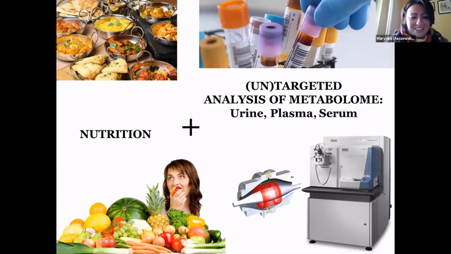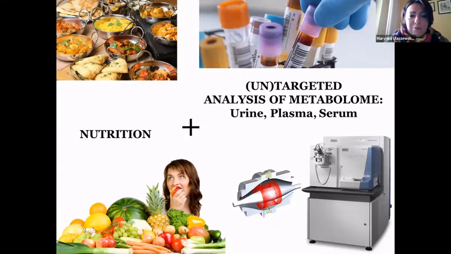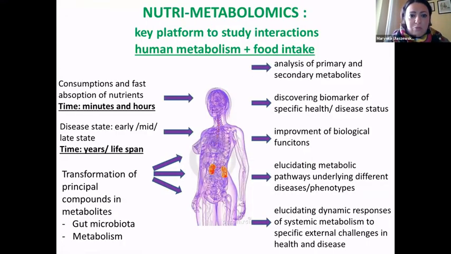Thank you so much for the invitation and for hosting the topic about food, nutrition and mass spectrometry. My presentation will be dedicated to nutrition and untargeted metabolomics, basically the analysis of urine, plasma, and serum. Nutri-metabolomics is an excellent platform to study the interactions between human metabolism and food intake.